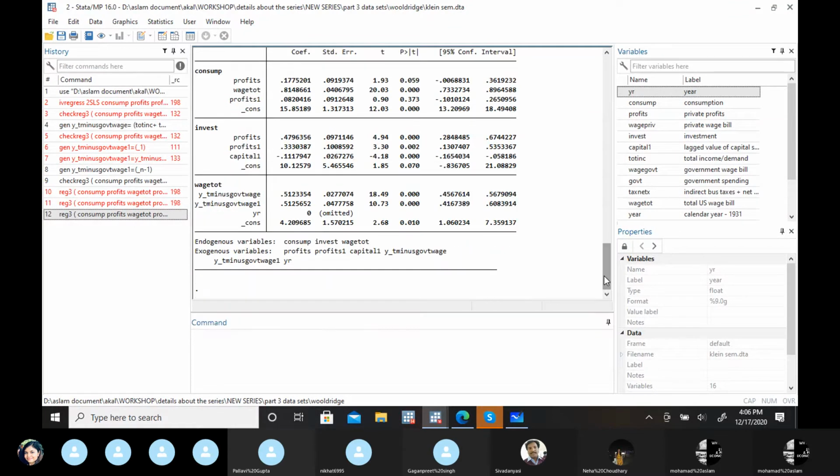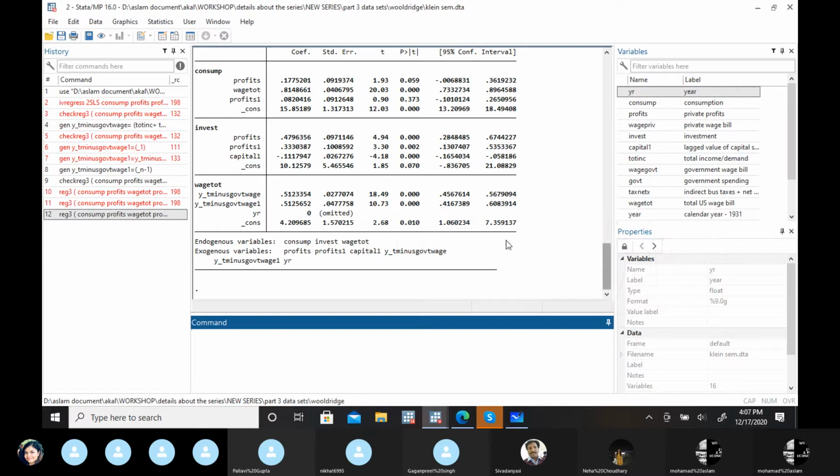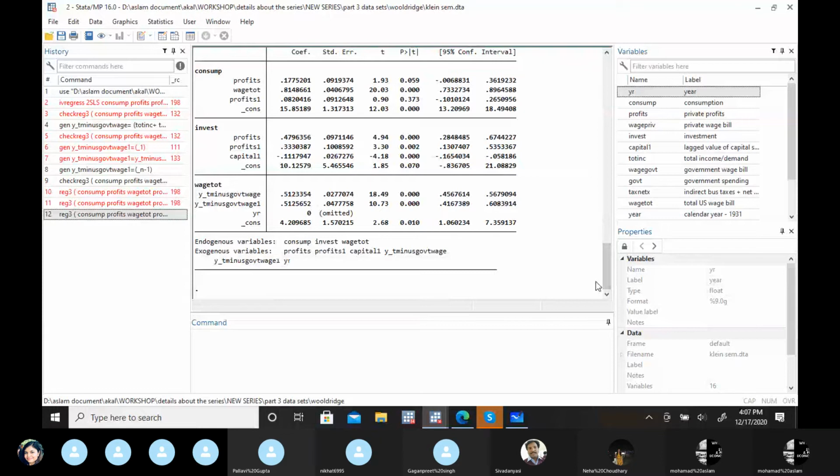With instrumental variable, the only disadvantage is, let's suppose you want to run this not with 2SLS but with GMM and LIML method. For that, this reg3 command will not work, and you have to apply the instrumental variable approach.